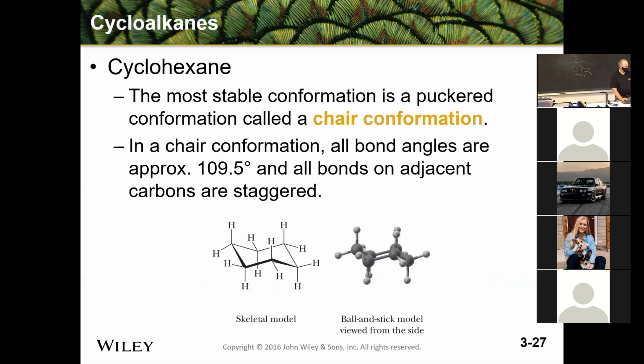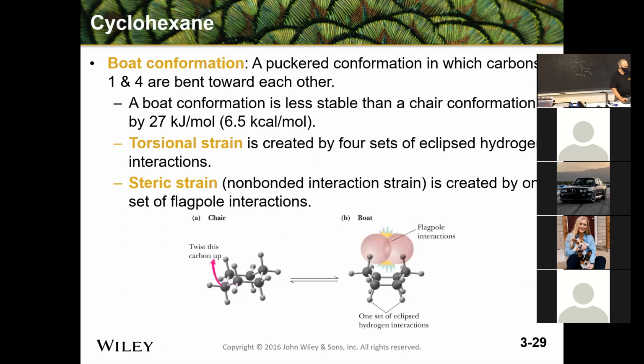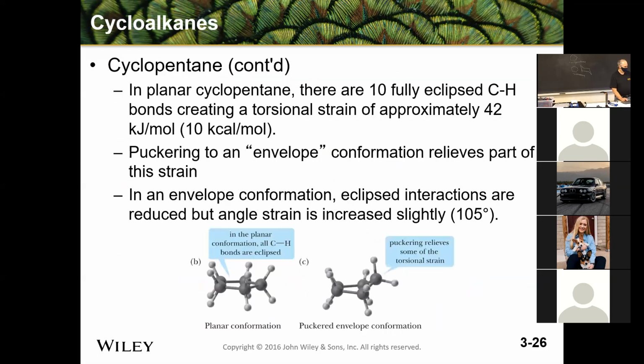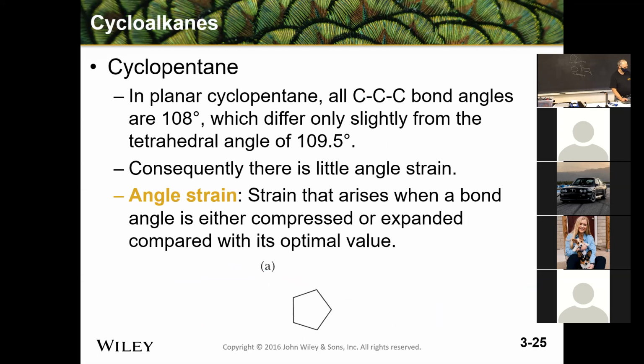Let's see, we did not cover cyclohexane yet. Cyclopentane. It's a 5-membered ring. I'm going to go ahead and make a model of cyclopentane.